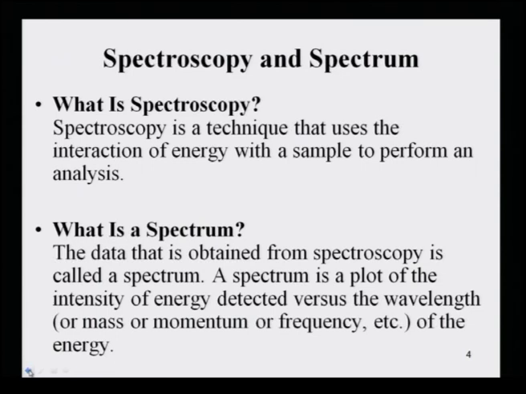A spectrum is a plot of intensity of energy detected versus the wavelength or mass or momentum or frequency of the energy. So, a spectrum is the graph obtained from this spectroscopic analysis.